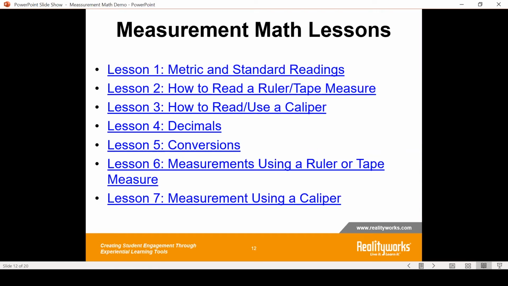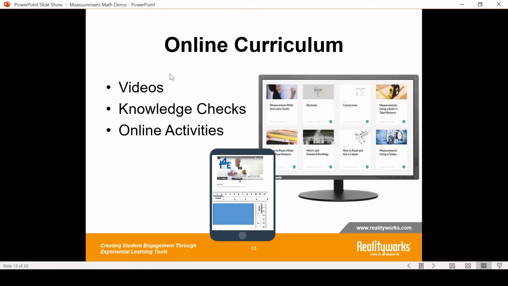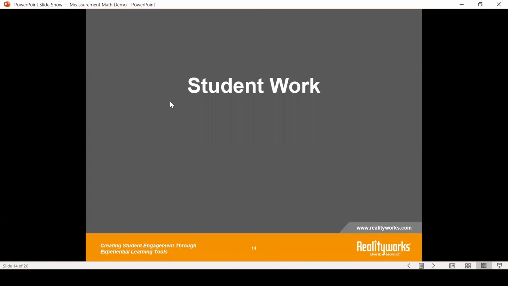Every single one of them has an in-class curriculum, but it also has this online curriculum helping students to learn. That then gives you, again, videos, knowledge checks, and online activities for your students to work with, both on a tablet or on a computer, allowing that versatility with both of those.